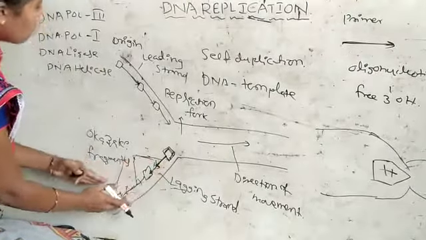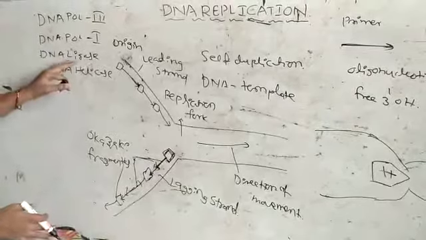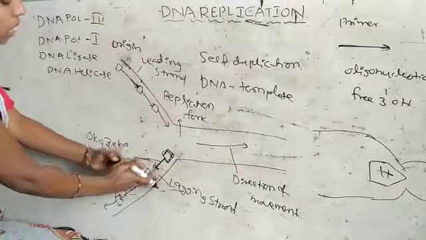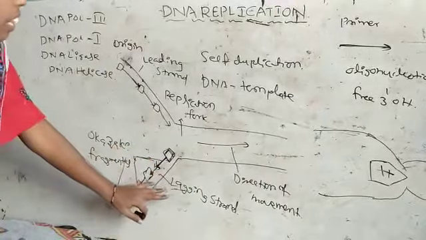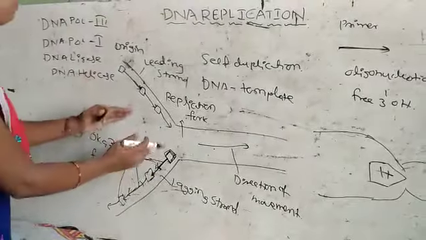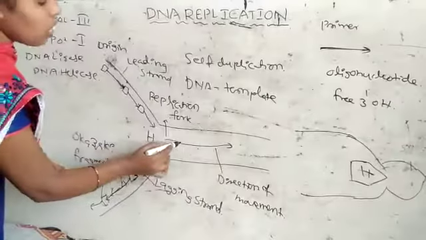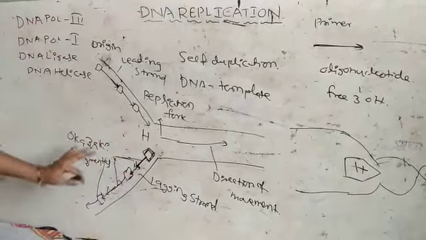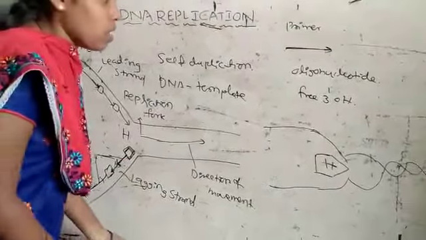Two newly synthesized strands are formed at the site of the lagging strand, and helicase separates the two strands. These are the four enzymes involved in the DNA replication process.